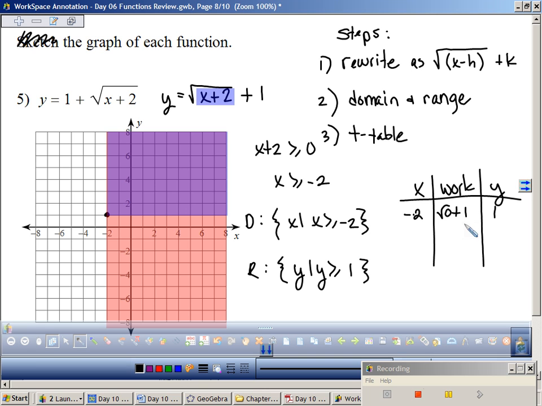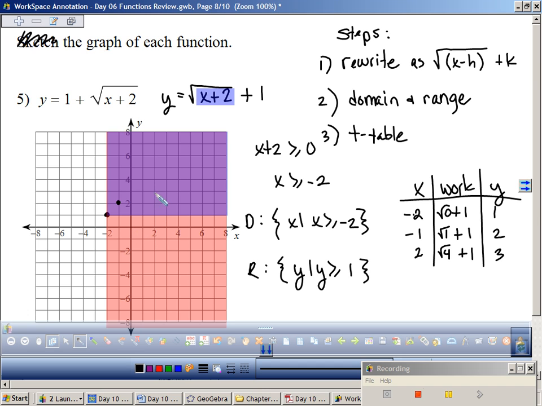Okay, what would be the next smartest point to put in there? Ooh, you're right. -1 would be. I didn't catch that earlier. -1 plus 2 is the square root of 1 plus 1, which is 2. -1, 2. What would be the next smartest point? 2. Because if I put 2 plus 2, I would get the square root of 4 plus 1, which is 3.